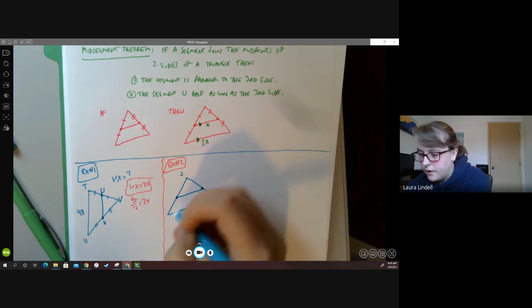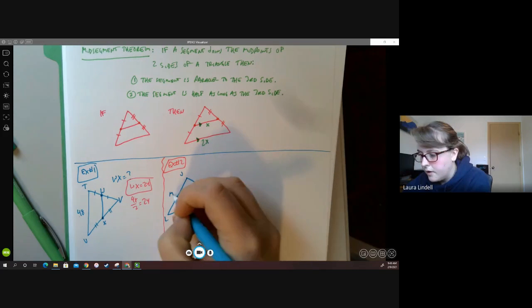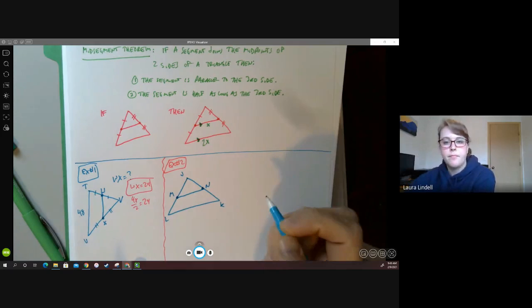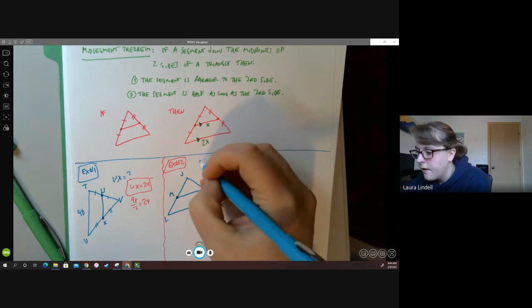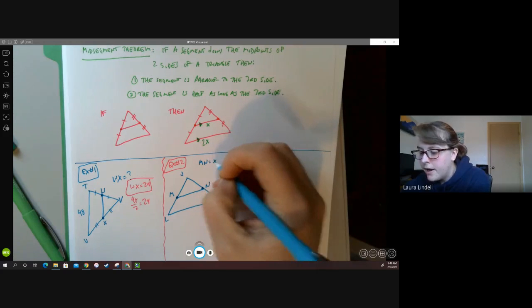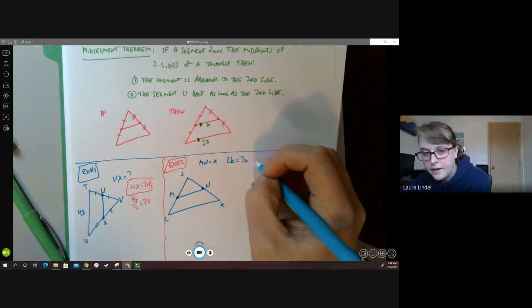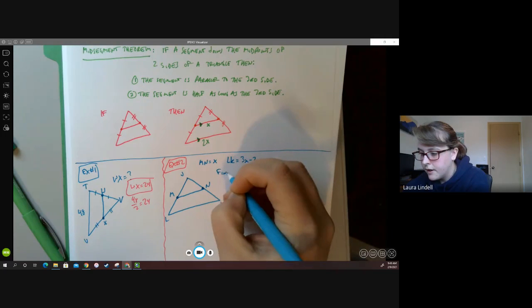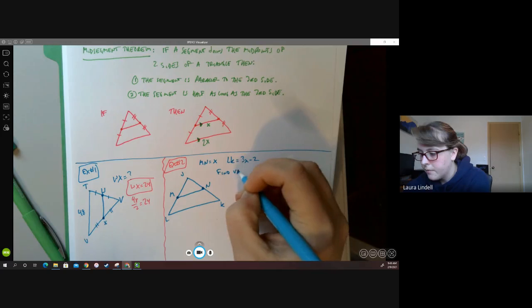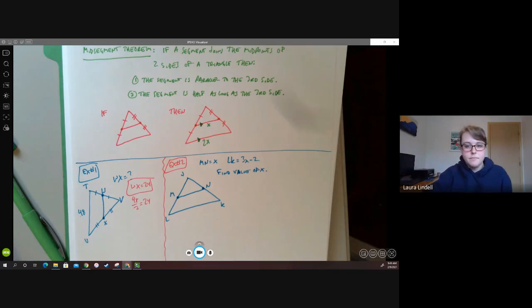Let's see, J, K, L, M, N. And we are going to be told that MN is x, and LK is 3x minus 2. We want to find the value of x.